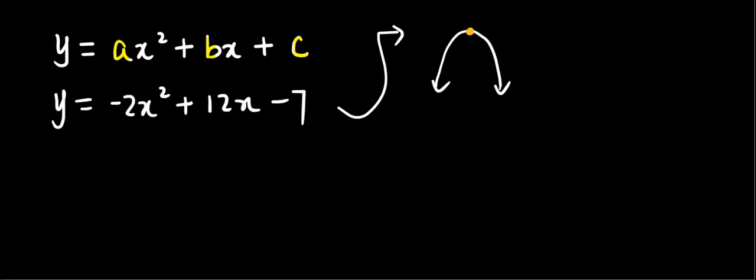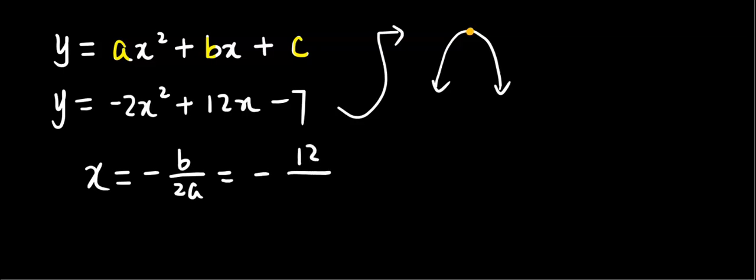Remember earlier we found the axis of symmetry by using x equals negative b over 2a, and we plug it in. b is 12, 2 times a is negative 2, and that gives us 3. When you find the maximum point, which is also our vertex, we're going to use this point 3. So put down 3 here.